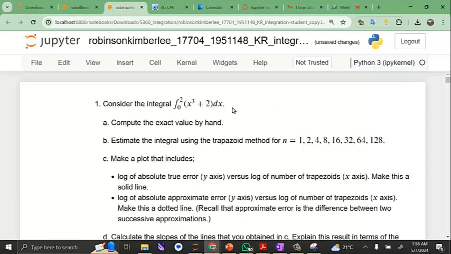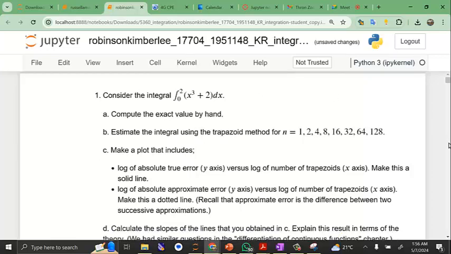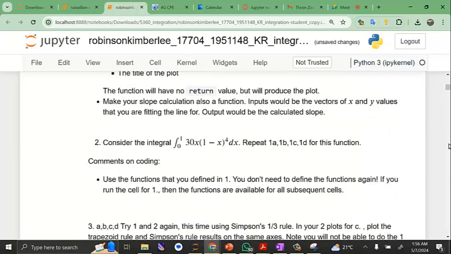Which is really kind of interesting, because Simpson's rule, if you remember, is derived based on a quadratic approximation. It turns out that the quadratic approximation will give you the integral of cubic functions exactly. Because we're not approximating the function, we're only approximating the integral. So this is telling you Simpson's rule is doing really good. You're getting a lot of extra accuracy. So that's what we have here.